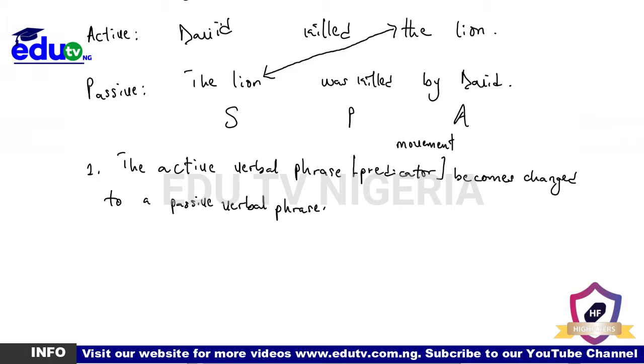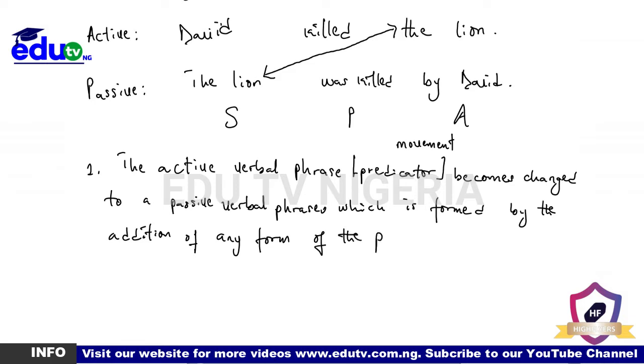And how does it become changed to a passive verbal phrase? Now, it is formed by the addition of any form of the primary auxiliary verb be to the existing verbal phrase.